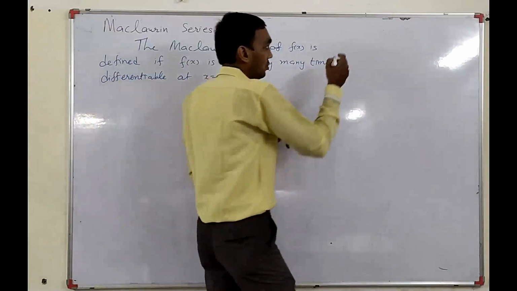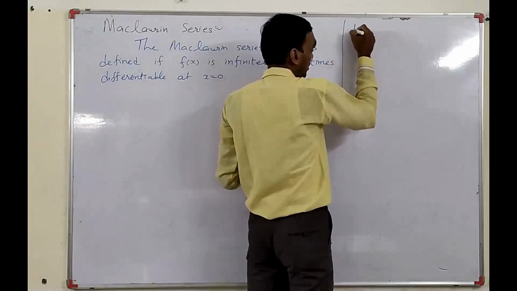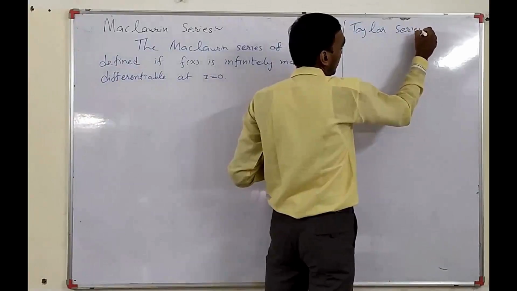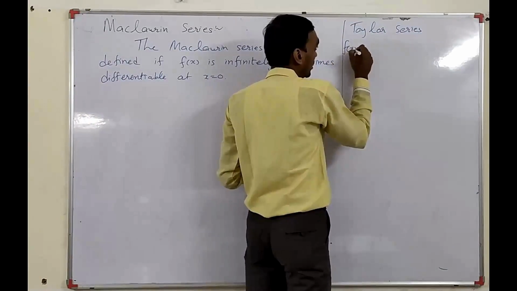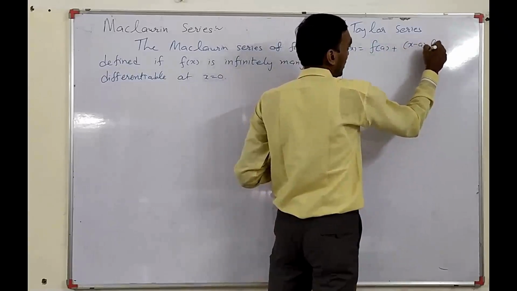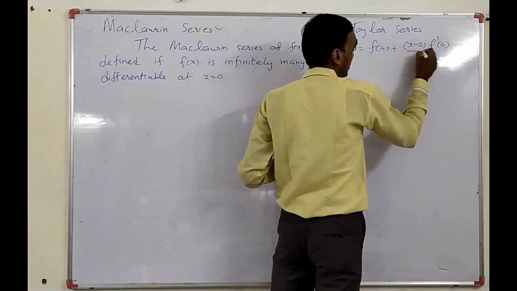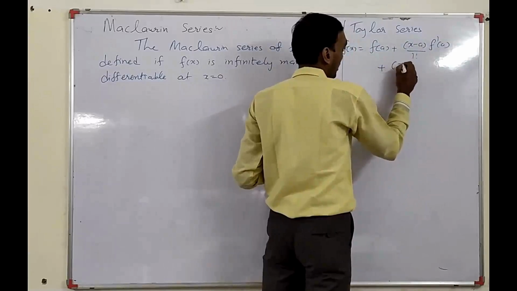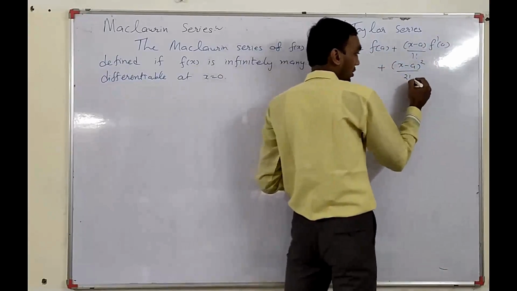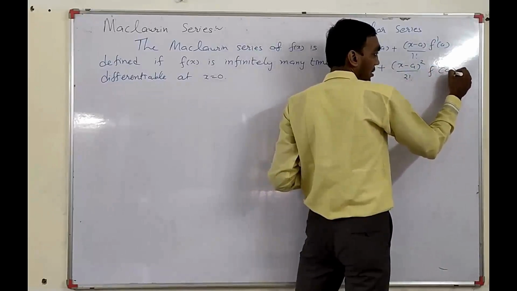Now, to remind you, what is the Taylor series? The Taylor series is f(x) = f(a) + (x - a) f'(a) + (x - a)^2 / 2! f''(a), and so on.